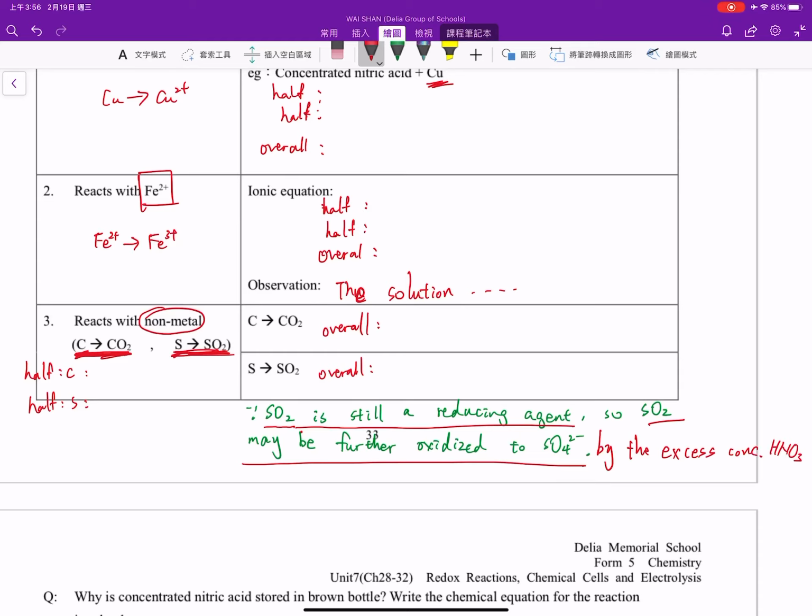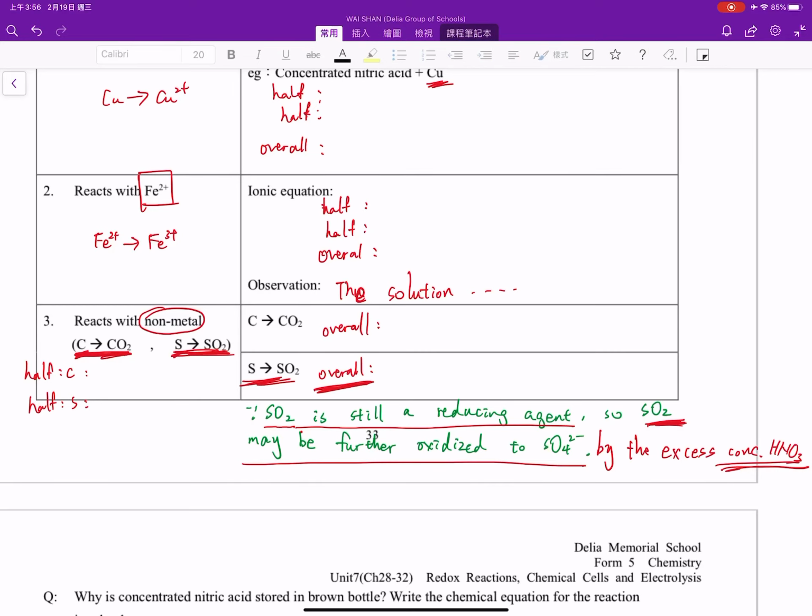So it depends on the amount of concentrated nitric acid we add. If we add a lot, then the sulfur dioxide may be further oxidized. But for the overall chemical equation here, I just need the sulfur oxidized to sulfur dioxide. You do not need to show me the further reaction, okay?